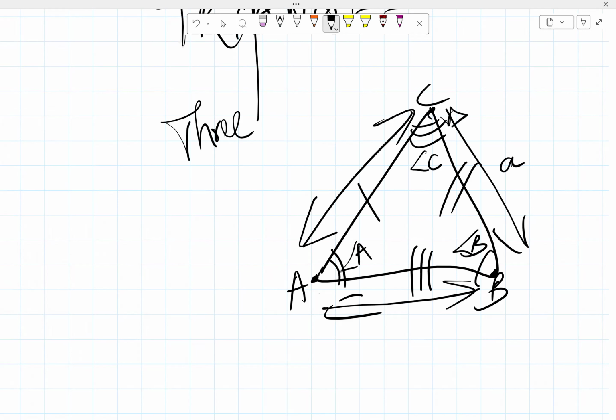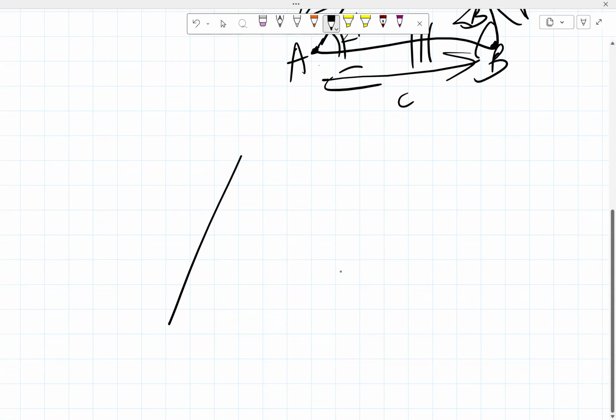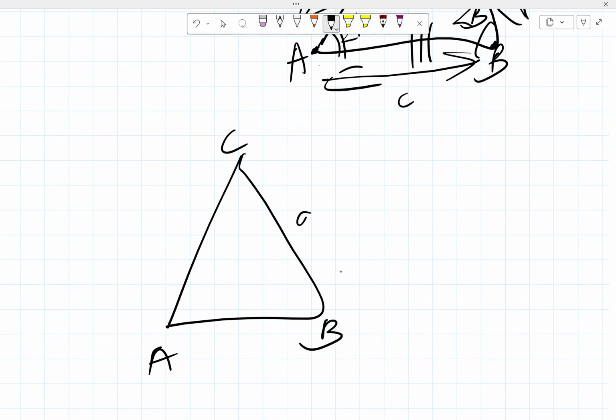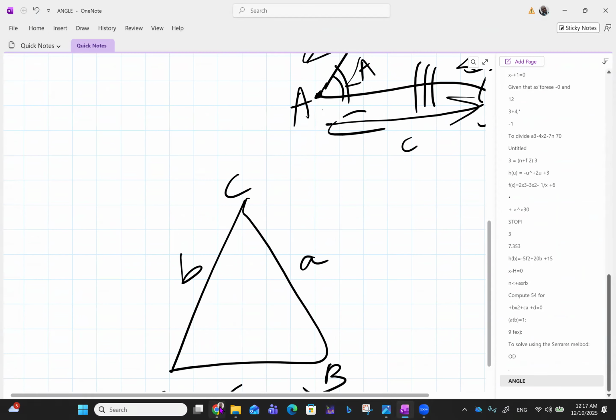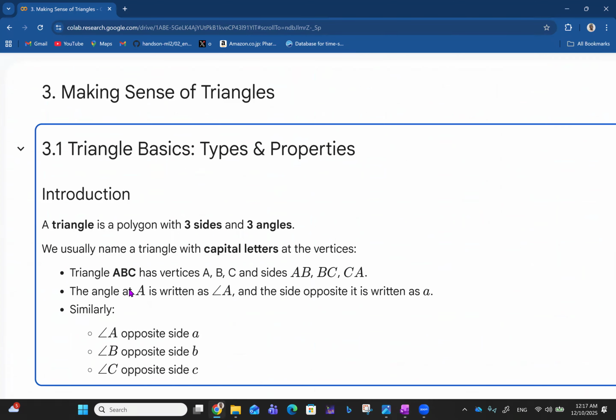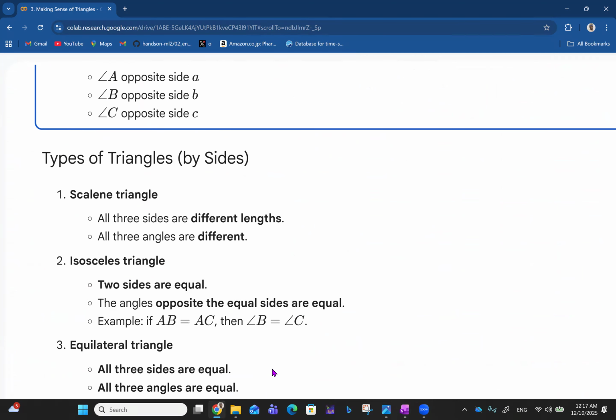This side is facing angle B, so this is side small b. And this side is facing angle C, so this is side small c. Basically, you have a triangle with angles A, B, C, and sides a, b, c. Similarly, angle A is opposite side a, angle B opposite side b, and angle C opposite side c.